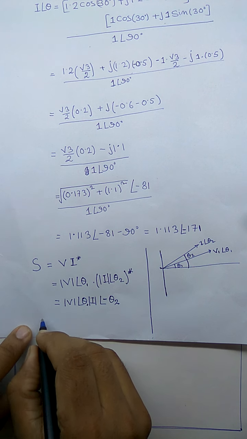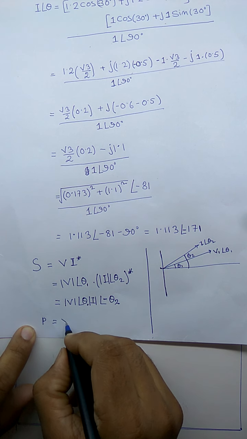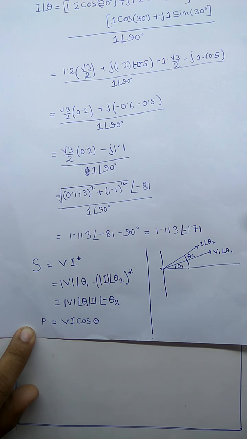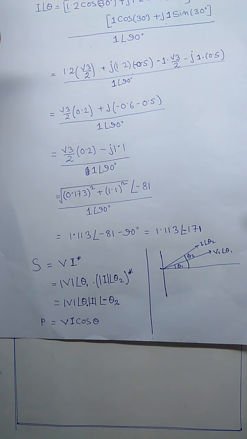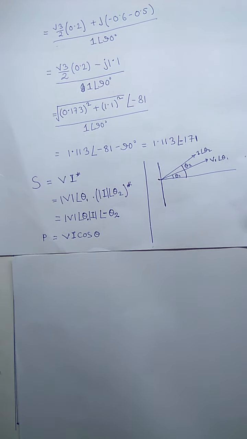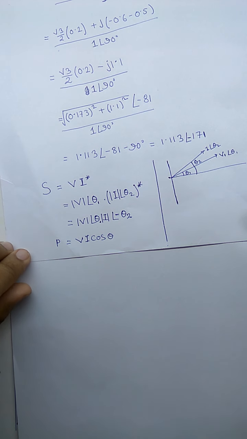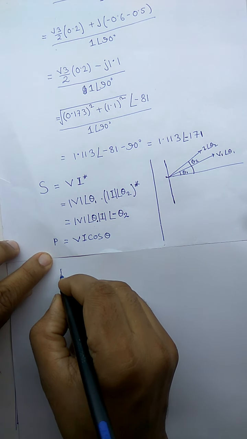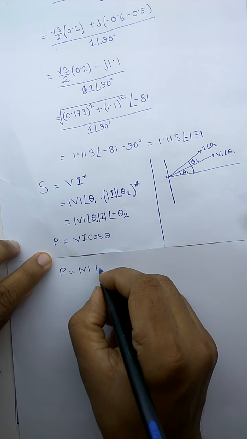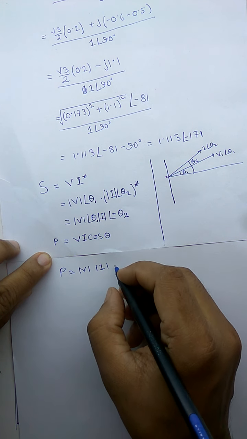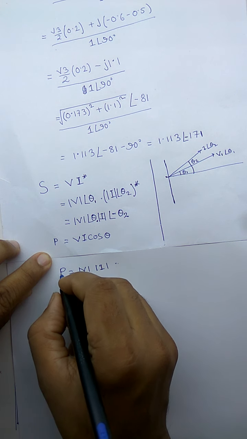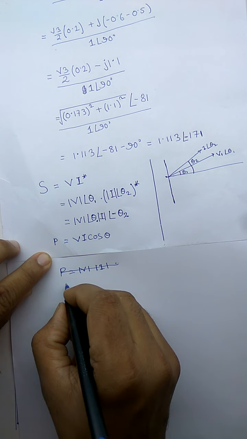We all understand that this theta is the angle between V and I. So here if you look at this, if we take conjugate, P will be equal to magnitude of V into magnitude of I, okay, I'll write it as S, that will be more clear.